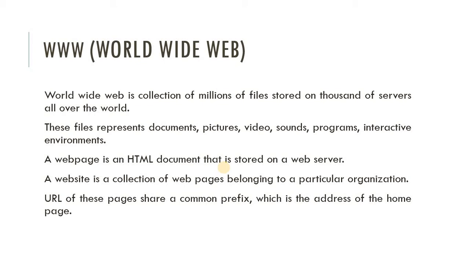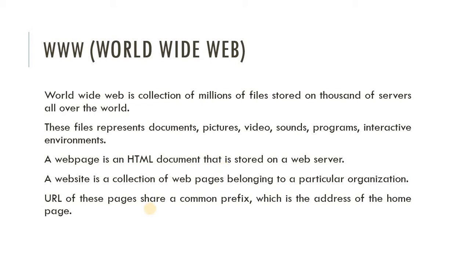Each and every website is stored on the World Wide Web server. That is why we start our website URL with www, which shows where our website is stored. So that is why www is written as a prefix.